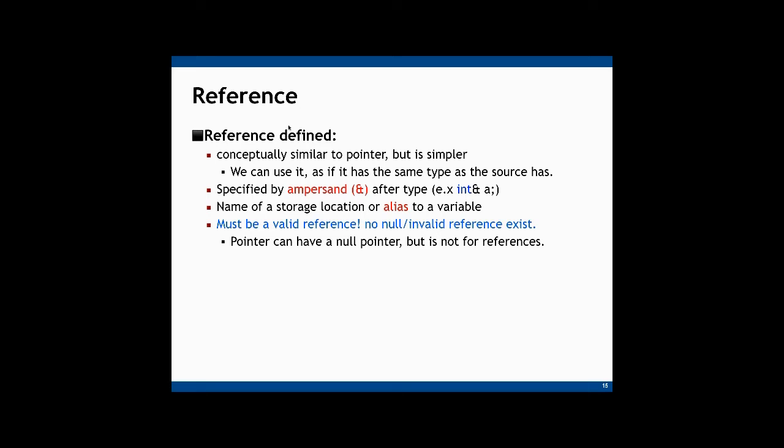And we can declare a reference variable by specifying an ampersand after the type, like this. You can think of a reference variable as an alias or an alternative name for a previously defined variable. So it is very similar to a pointer, but it is more restricted because a reference variable cannot have a null value, whereas a pointer can have a null pointer.